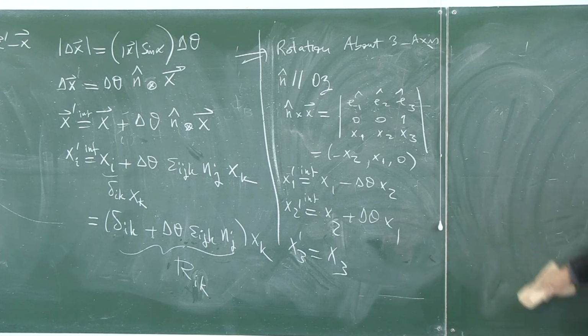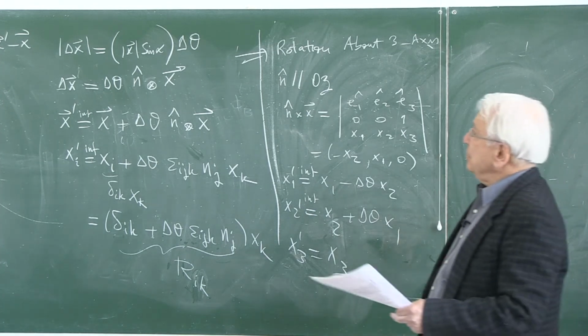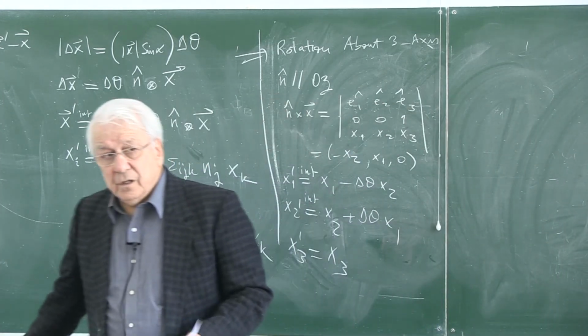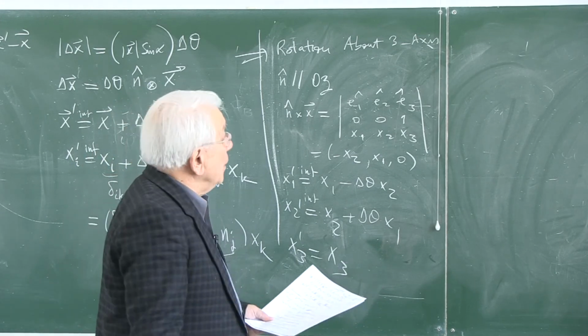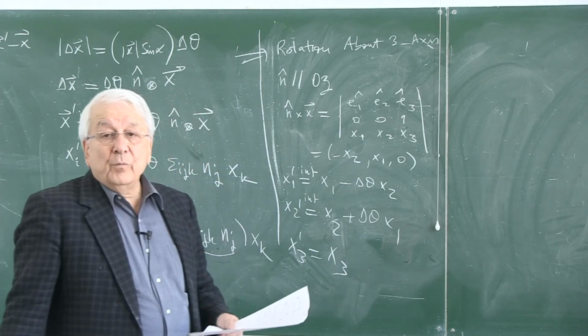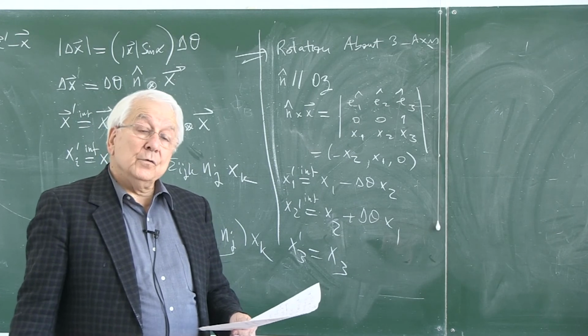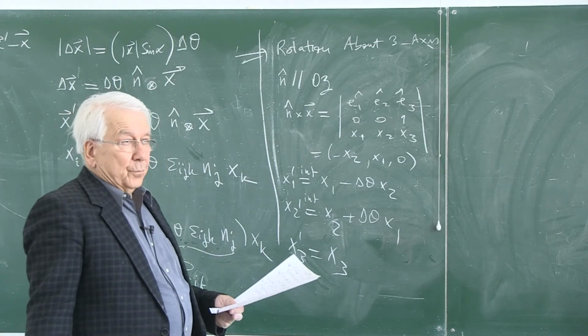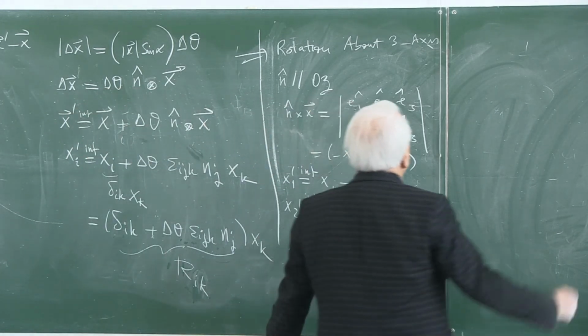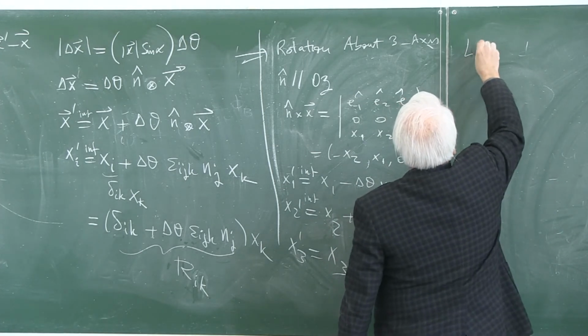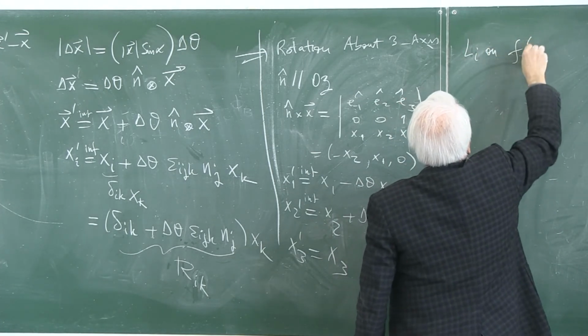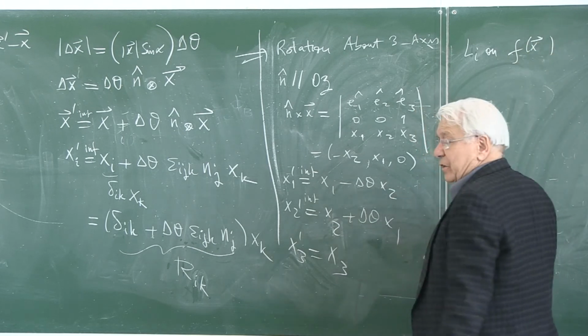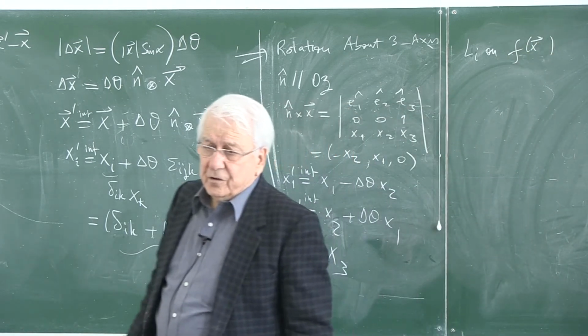Perhaps before proceeding any further, this we have worked out on the position operator eigenvectors. You may wish to try those on the space of functions of x. Li on f of xi, for instance. What if you have functions?